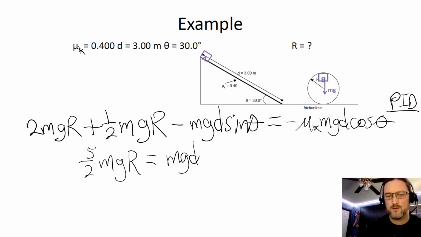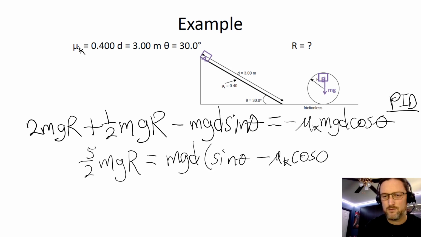I'll get mgd, and then I'm going to actually factor out some stuff. I'm going to have sine of theta, which I had to add to the other side, minus mu k cosine of theta, right? Oh, look, m and g cancel out. Doesn't even matter how much mass I have or what planet I'm on. Awesome.